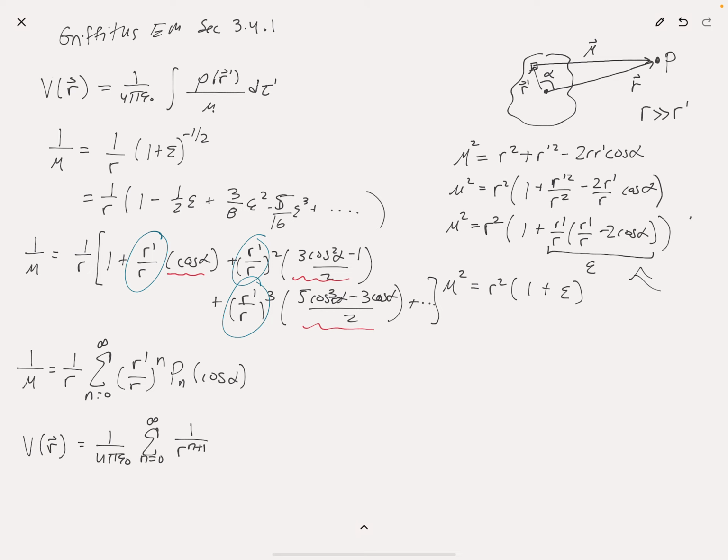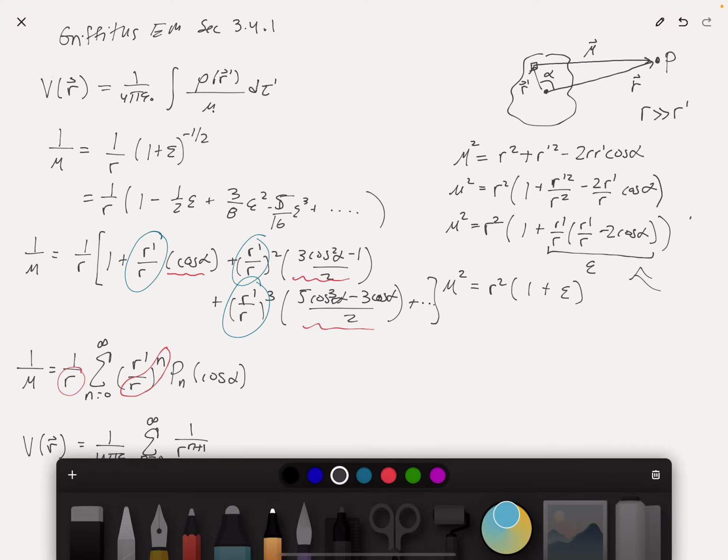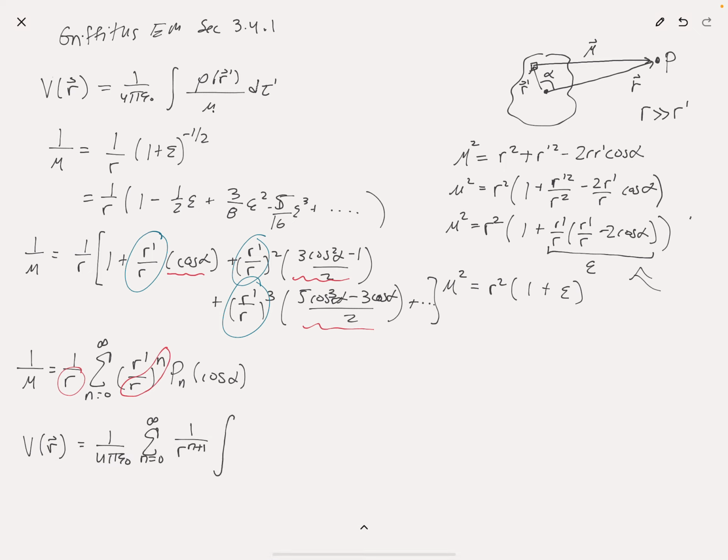I took this r to the n outside and combined it with this, because I can. The reason I can take it out is that it does not need to be integrated over, because I'm integrating over the prime coordinates only. So I still have r prime to the n inside times my Legendre polynomials of cosine of alpha.